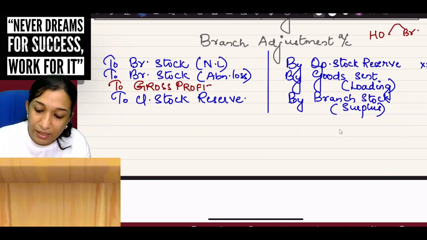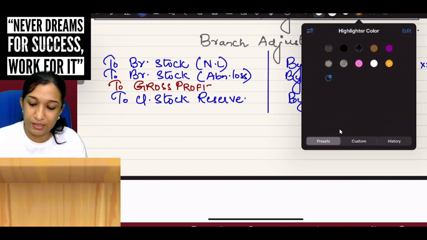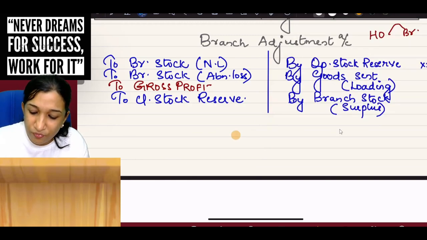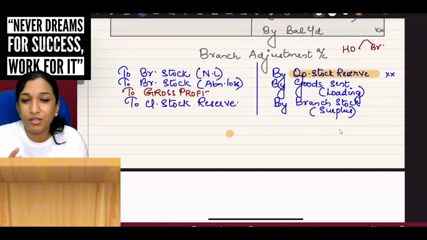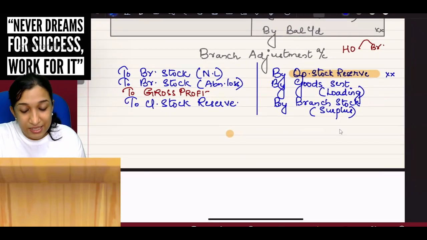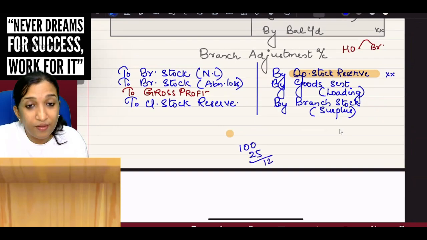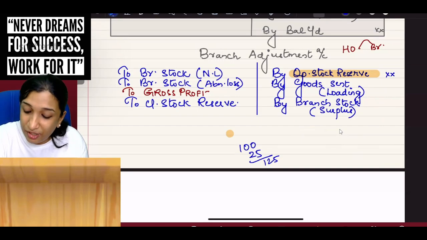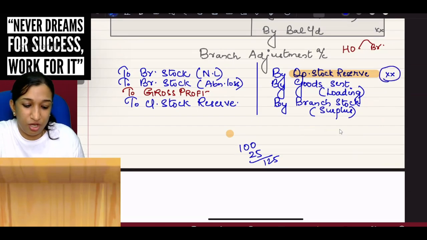In the branch adjustment account, we start with opening stock reserve. That is, if 100 rupees stock is at 125, in the branch account we directly do it by opening stock reserve, but here we do the elimination of stock reserve in the adjustment account by opening stock reserve.